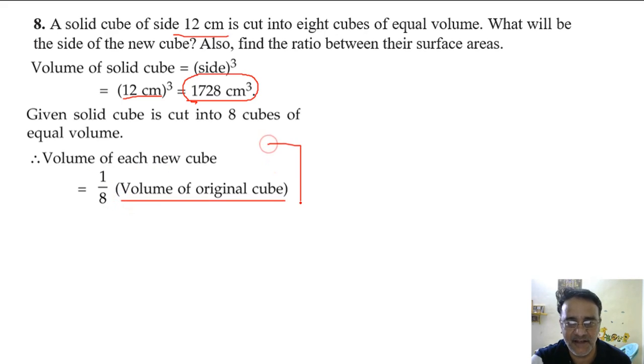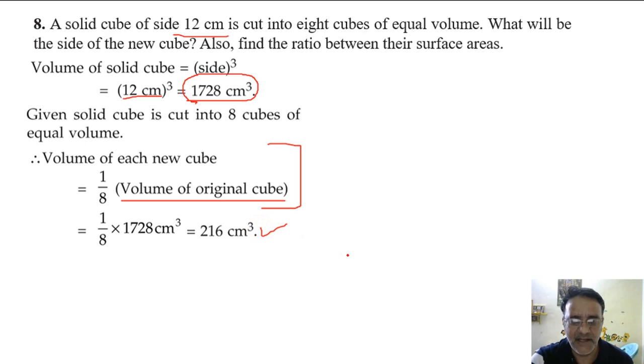Is this clear? Yes, sir. Right. So 1 upon 8 into 1728. Okay. If you cancel, you will get 216 centimeter cube. And 216 is a cube of which number? 6. Right.